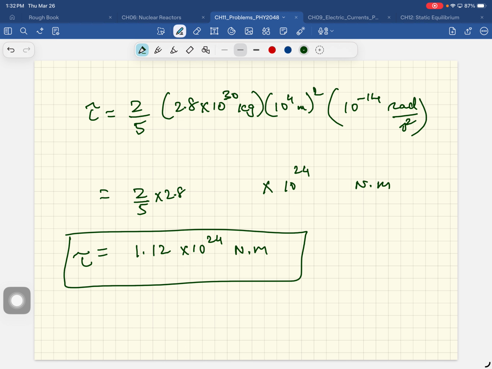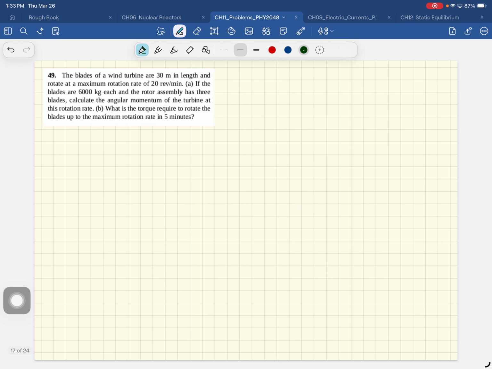And if the blades, calculate the angular momentum, it's I times omega. Okay. So, and omega is 20 revolutions per minute, 20 into 2 pi radians divided by 60 seconds. Okay, so 2/3 pi radians per second.